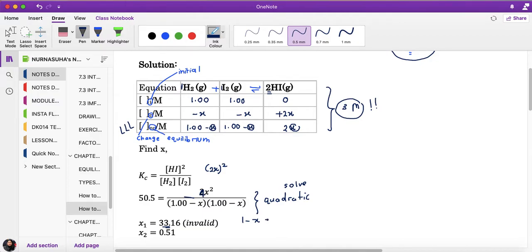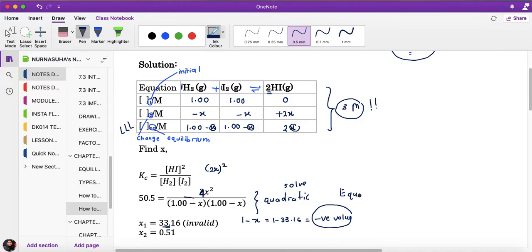Okay. So, sama dengan 1 tolak 33.16. So, Miss tak nak kira, tapi you will get negative value. Betul tak? So, always remember, equilibrium mana boleh negatif. Okay.